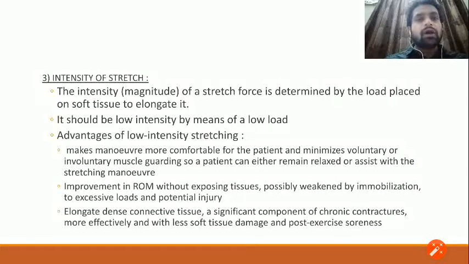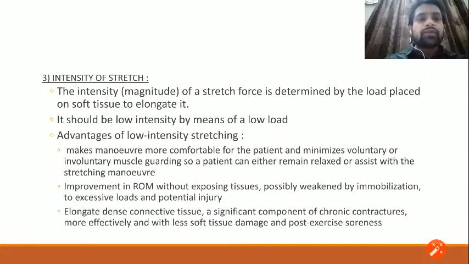Next is intensity of stretch. Intensity means the magnitude of stretch, determined by the load placed on soft tissues to elongate them, and it should be low intensity, by means of a low load, initially.